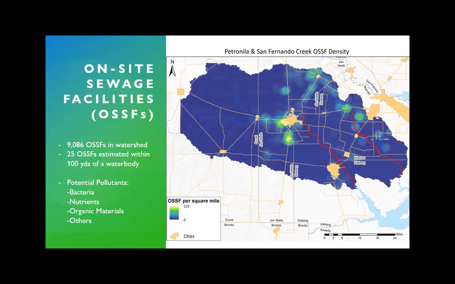So within the watershed, we've identified an estimated 9,086, and 25 of those are within 100 yards of a water body. We know that down in this area, there's something like a 4 to 12% failure rate of OSSFs, depending which county you take the number from. So, we can assume that there are some out there that are not functioning completely properly that could be addressed.